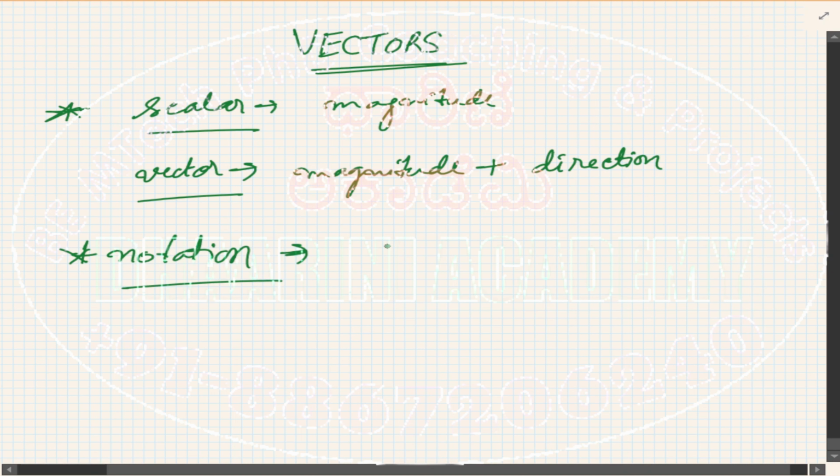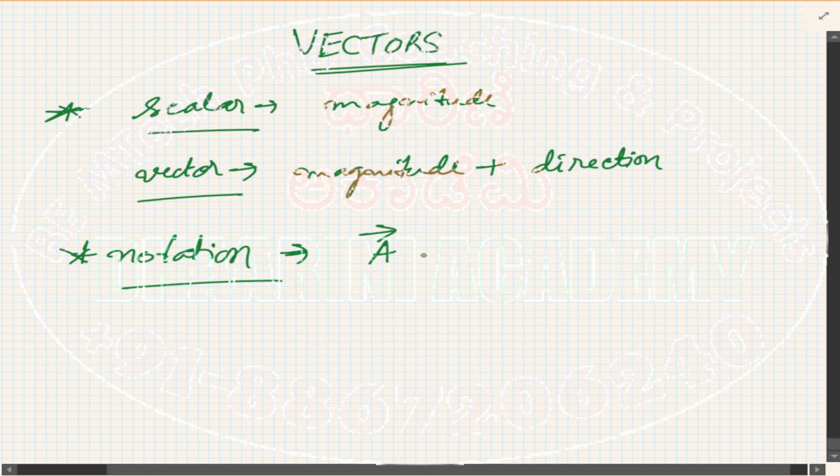Notation of a vector: for example, you write a and an arrow mark indicating that it is a vector. If you have no arrow mark, it's a scalar quantity. If you write a right arrow mark above the name of the physical quantity, it's a vector quantity. Now a vector has a magnitude and a direction.